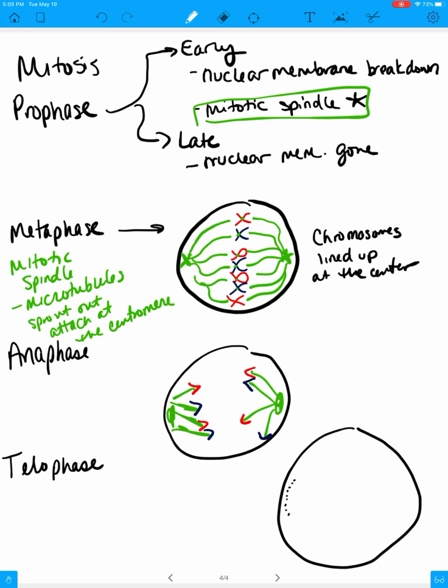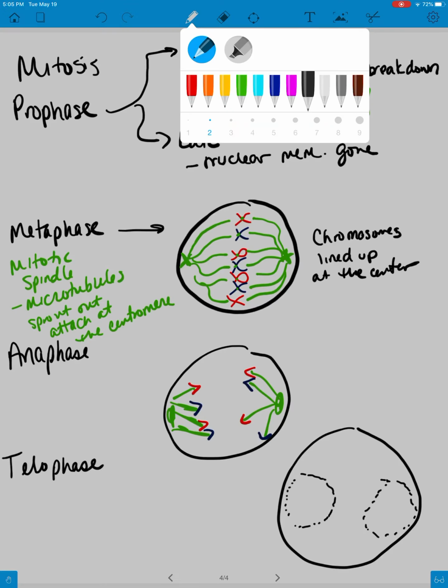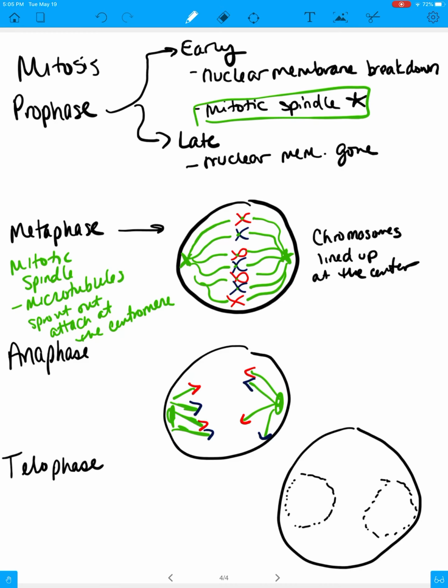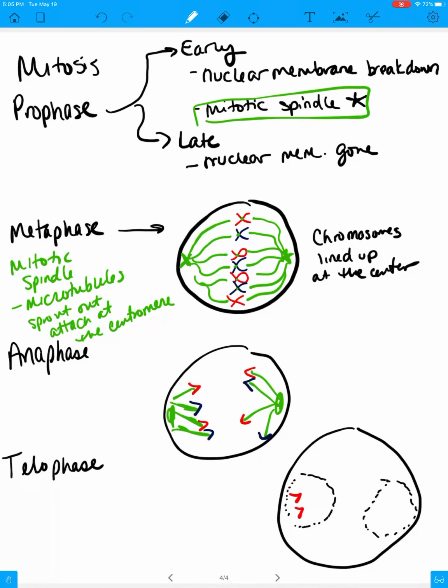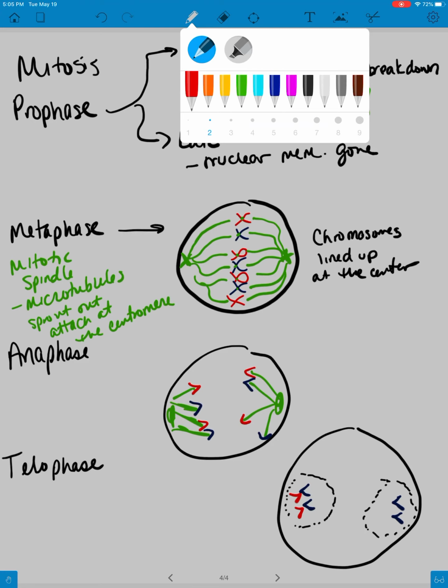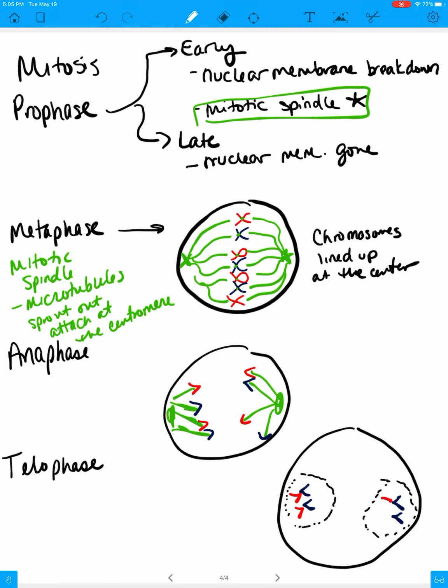You're going to get reestablishment of the nuclear membrane. Remember, we're going to have two daughter cells at the end, so we're going to have two nuclei. All right, and then these chromosomes that are in there, they're going to join with the one from mom and one from dad, like we said previously.